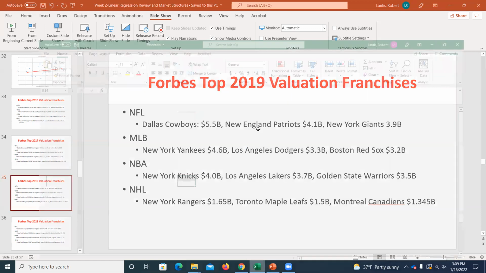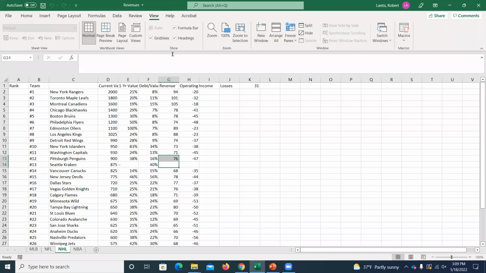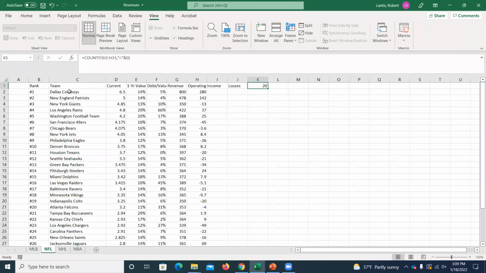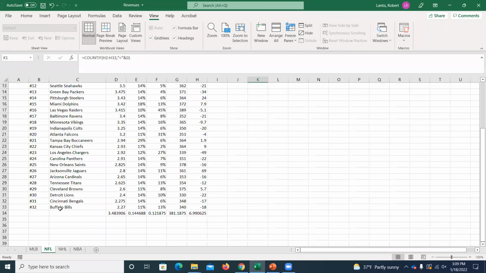So if we take a look back at that Excel document, and I'll blow it up so you can see it a little bit better. If we take the NFL, for instance, Dallas, Boston, New York, LA, these are all having the highest revenue streams. And as we go down towards the bottom, we've got cities like Buffalo, Cincinnati, Detroit, Cleveland, smaller markets. So it's not perfect, but it's a pretty strong correlation.